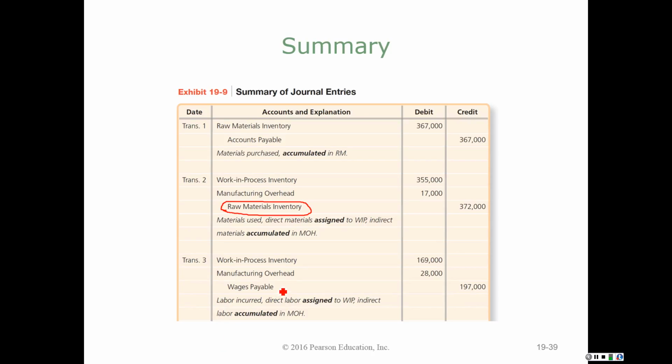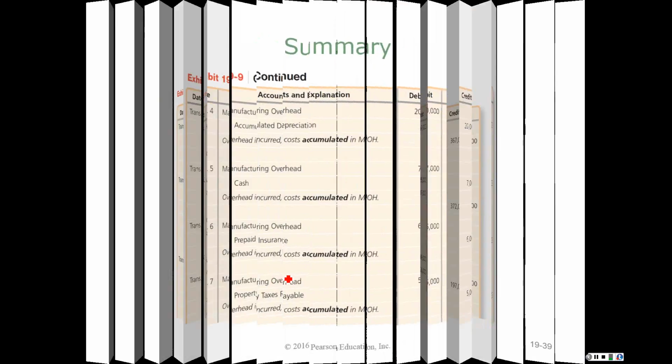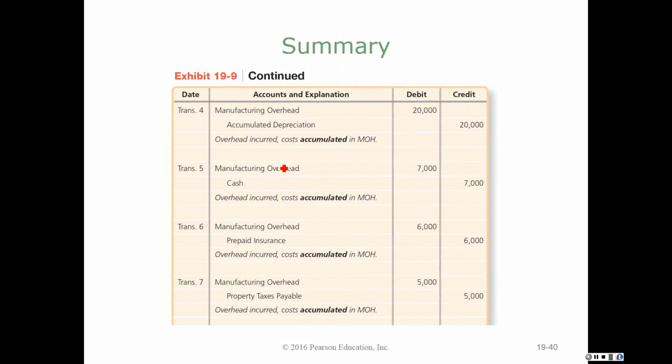As our workers were working, instead of debiting expenses on our income statement, we debited work in process or overhead for that labor. Tracking cost per job. Remember, all of our manufacturing overhead, these were actuals, actual cost, actual depreciation, actual utilities, actual insurance.